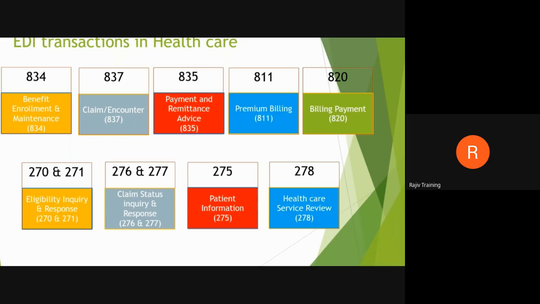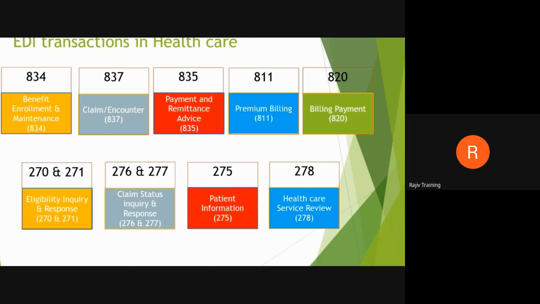Same case with 271, very similar. Its main purpose is to respond to inquiries about the healthcare benefits and eligibility associated with the subscriber or dependent. Like in the previous transaction, it is used by healthcare institutions to transmit information to financial institutions and government agencies.